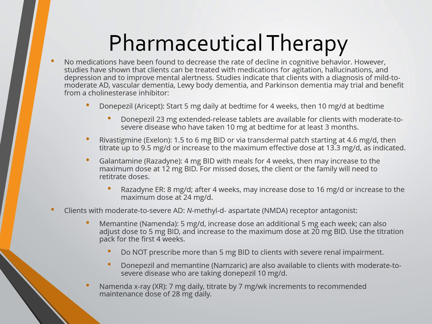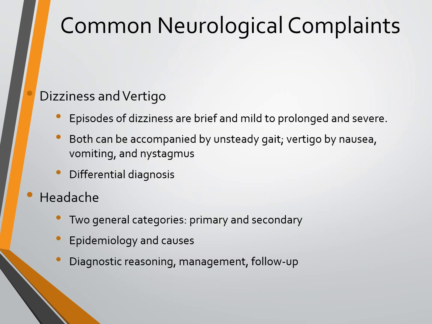So what are some of the other common complaints that a patient may present with related to the neurological system? They may talk about dizziness or vertigo and even headaches. When we think about dizziness and vertigo, the episodes of dizziness are usually brief and mild, and they can also progress to a prolonged or severe state.